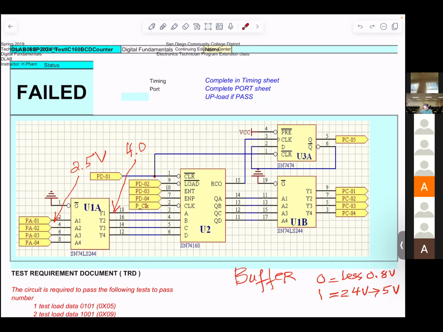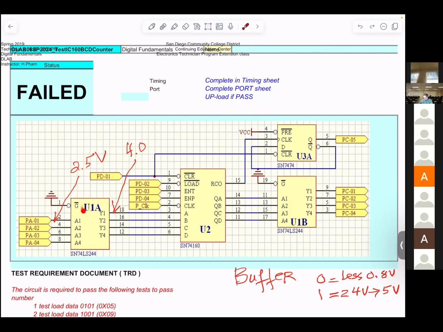Now, in here you get inputs 2, 4, 6, 8 pin. Outputs will be 12, 14, 16, 18. That's for 1A. Another is 1B, same thing. The inputs will be 11, 13, 15, 17, and the outputs will be 3, 5, 7, 9.